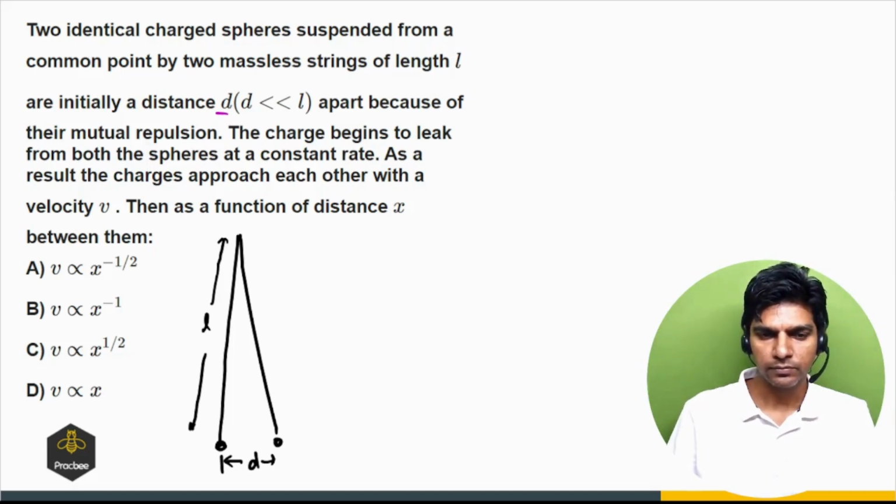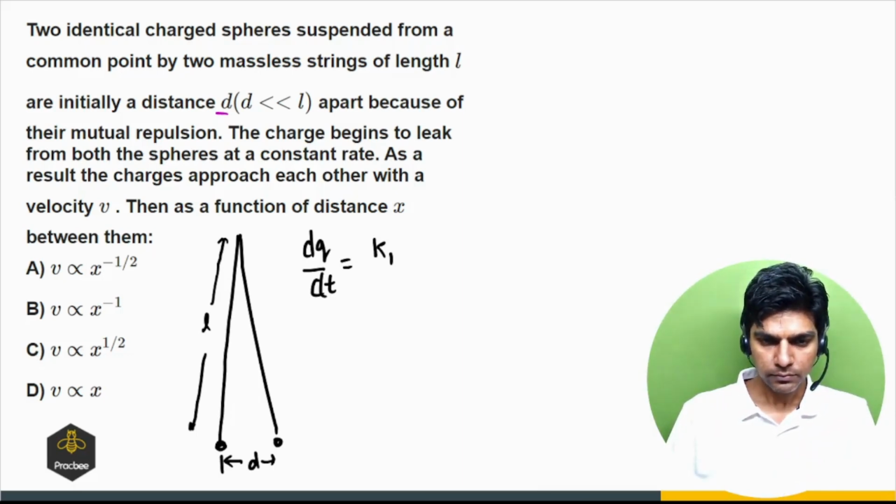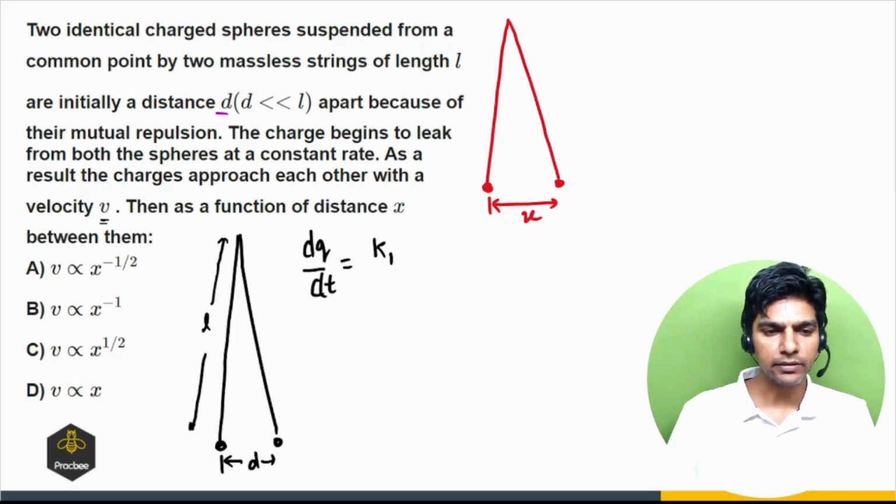So we are given that the charge is getting removed from the sphere at a constant rate. So it means dq by dt will be some constant. Let me call this k1, right? k1 is the constant. As a result the spheres approach each other with the speed v. So v is the speed of approach. So let us say at some later instant the distance between them is x, and this distance is decreasing at a rate v.